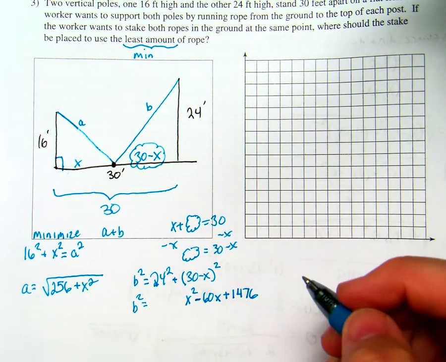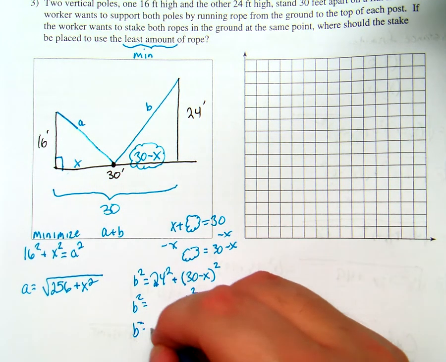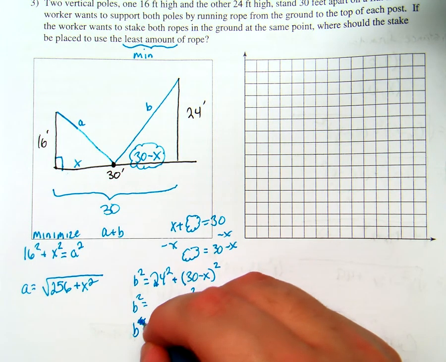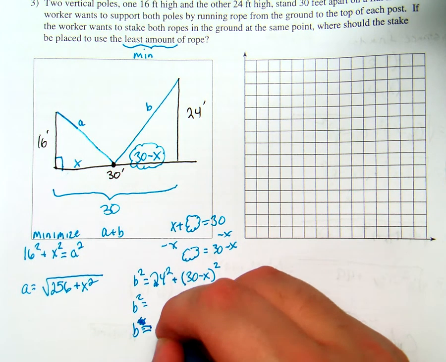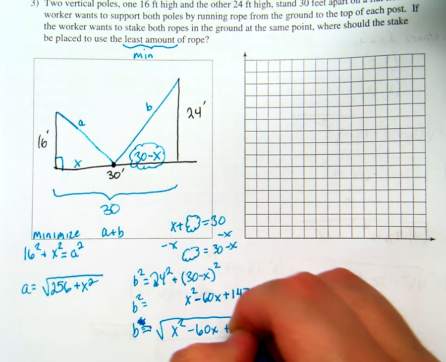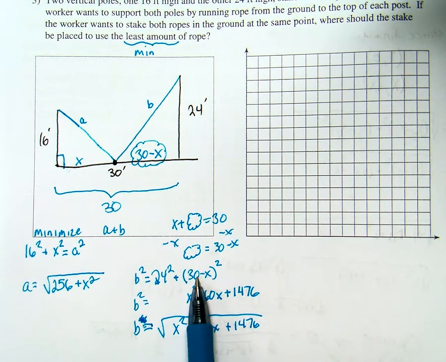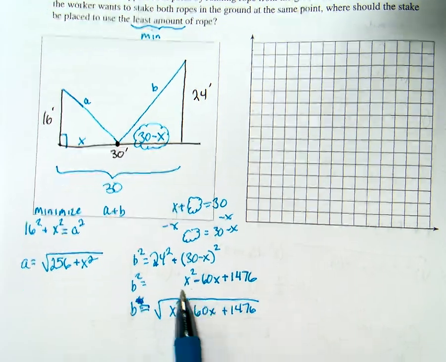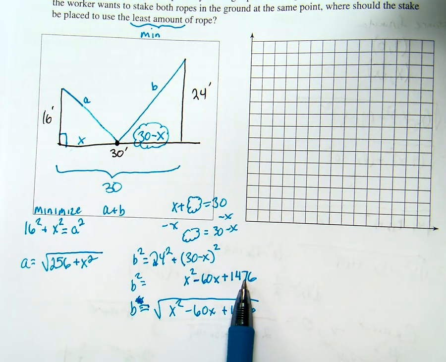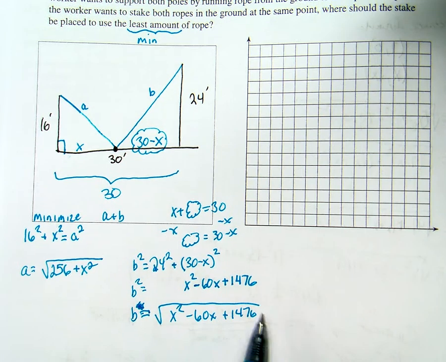That's a lot. So b is equal to the square root of x squared minus 60x plus 1476. We had a 30 squared from here plus 24 squared is 1476.